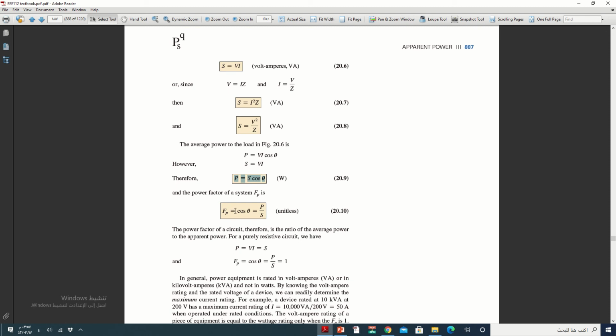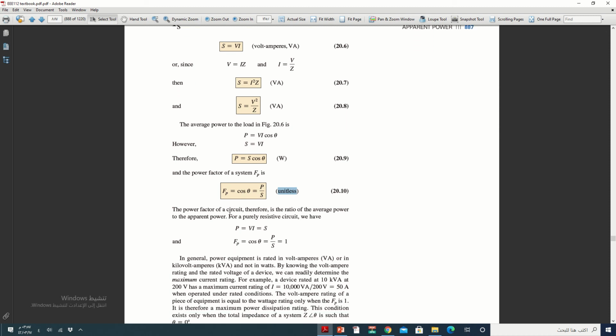Now for the power factor, cosine theta, if we take this alone, we divide by S on both sides, and it becomes P over S. The power factor has no unit, it is unitless. For a pure resistive load, we get a power factor of 1. Why? Because the active power P equals the apparent power, the same value divided by each other gives 1.